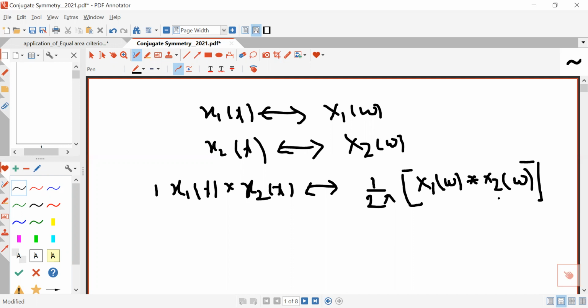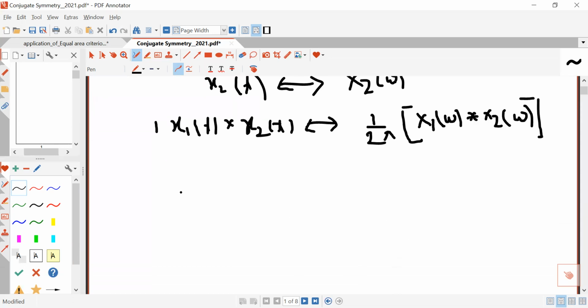So by using this property, you can determine the Fourier transform of the product of two signals. That is, if you know the Fourier transform of x1(t) and x2(t), then you can determine the Fourier transform of their product.